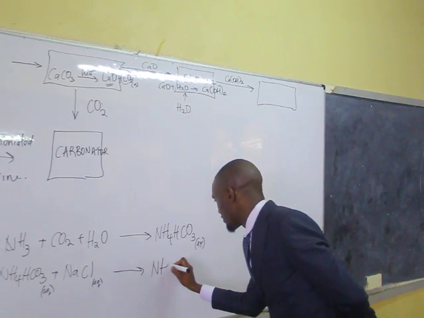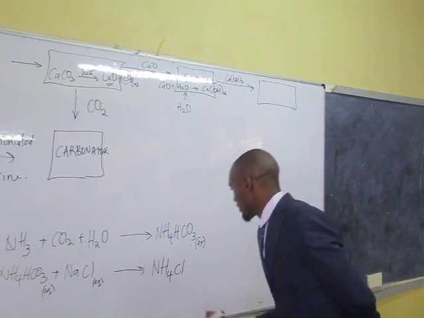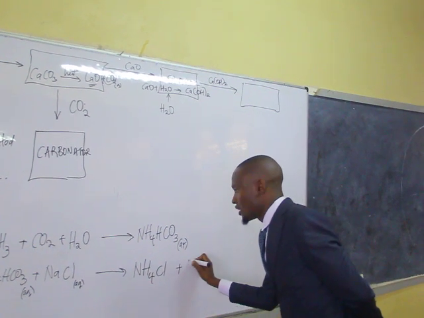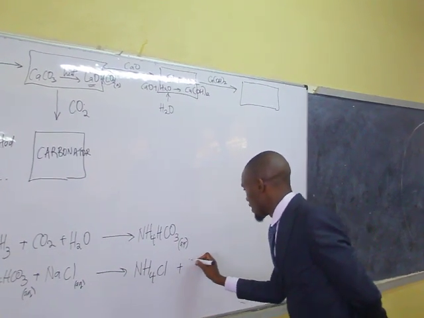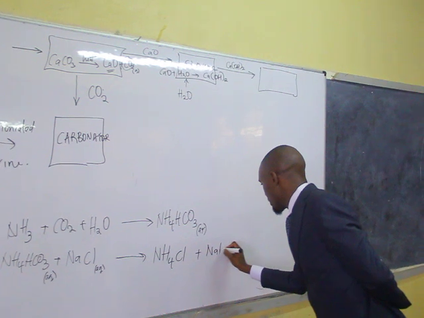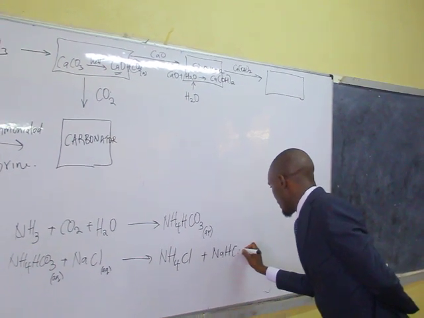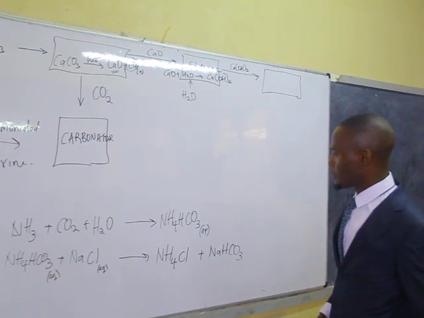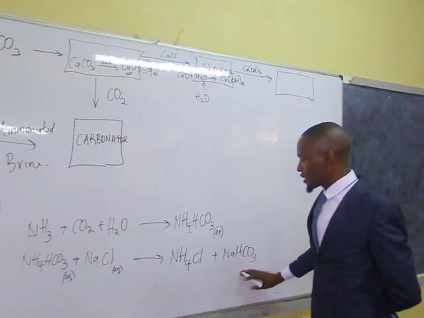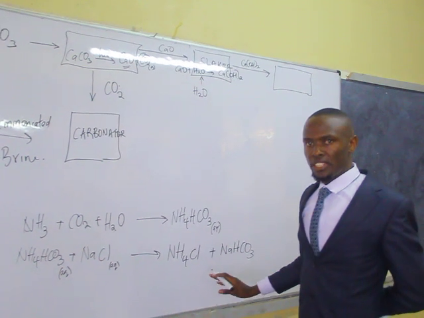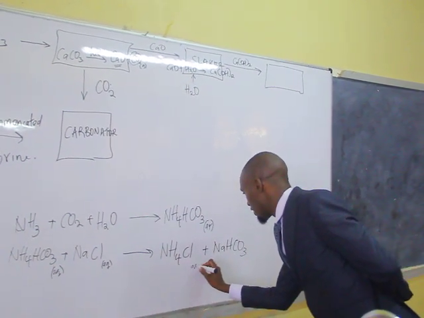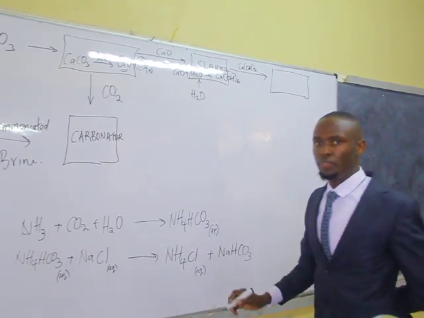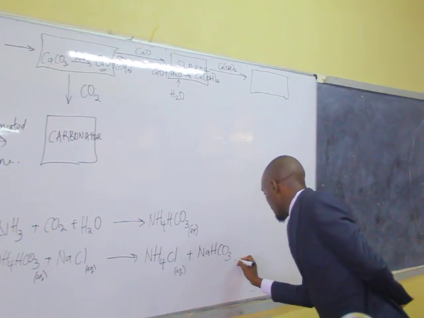The first product formed is ammonium chloride, and the second product formed here is not ammonia but sodium hydrogen carbonate. Of these two products, ammonium chloride is an aqueous solution, but the second one is a solid.